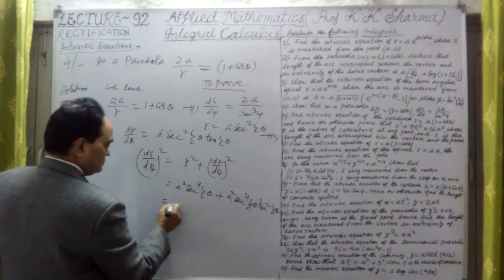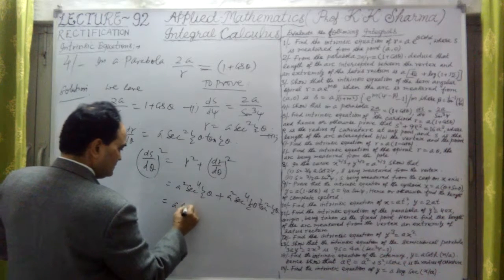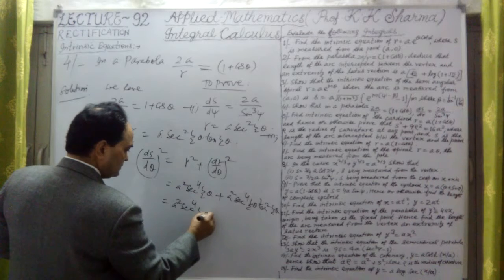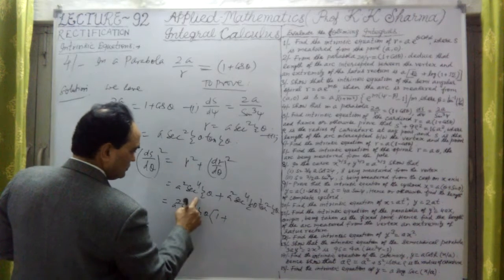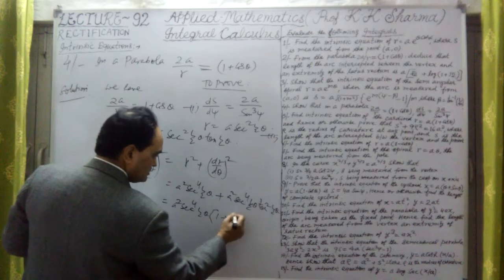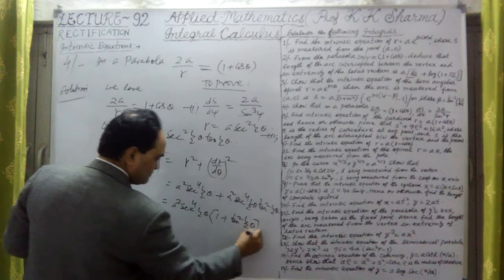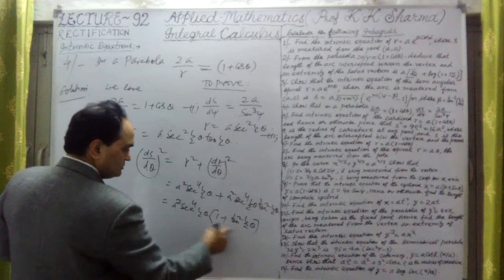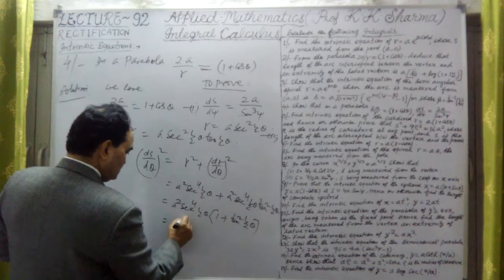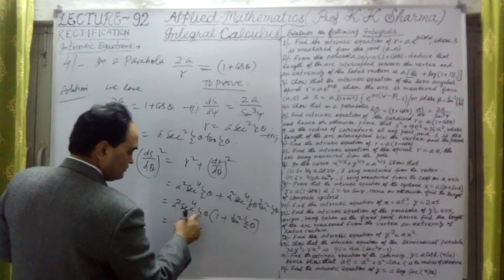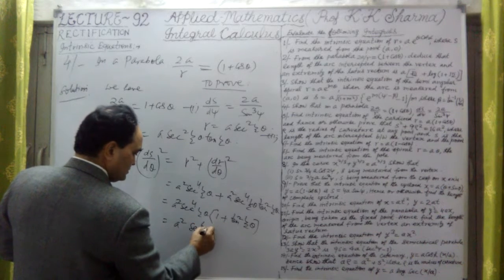We can take a square sec 4 half theta common. In the bracket it will be 1 plus tan square half theta, and 1 plus tan square theta is secant square theta. It is nothing but a square into sec 6 half theta.